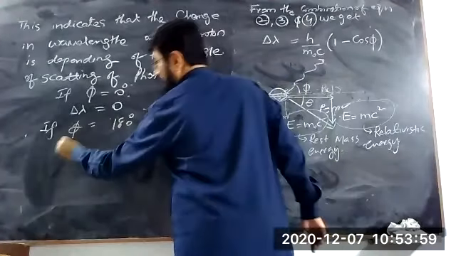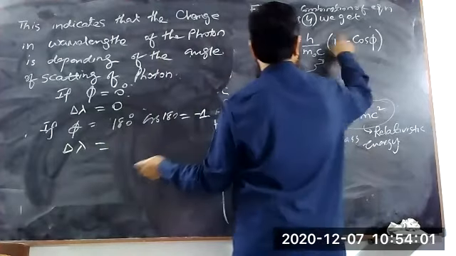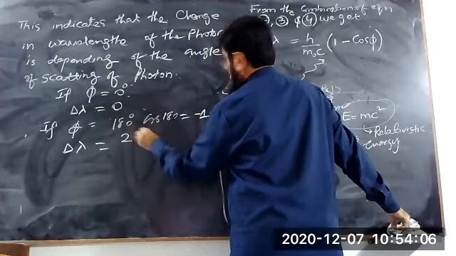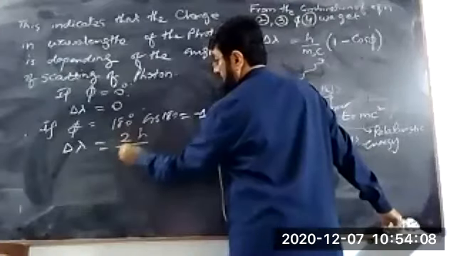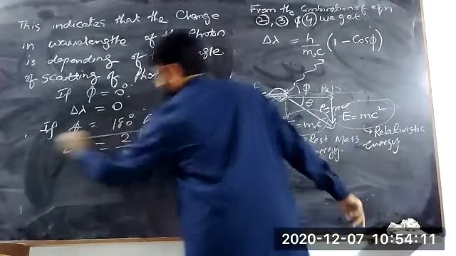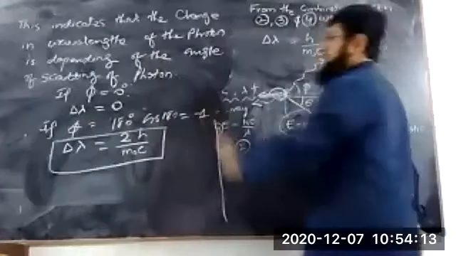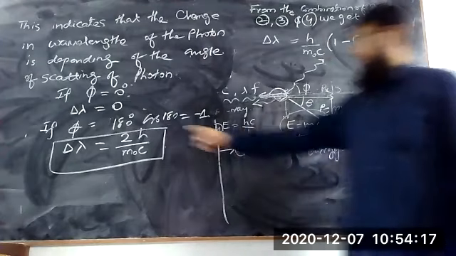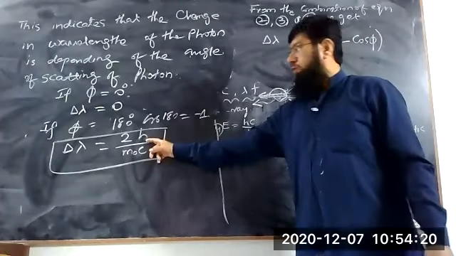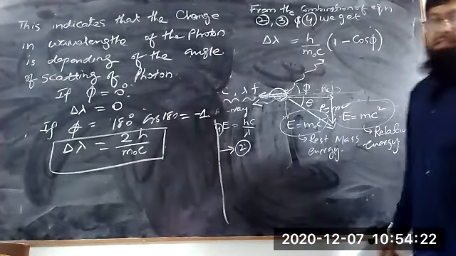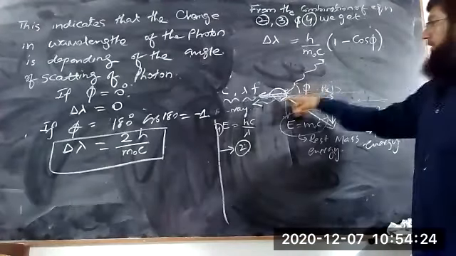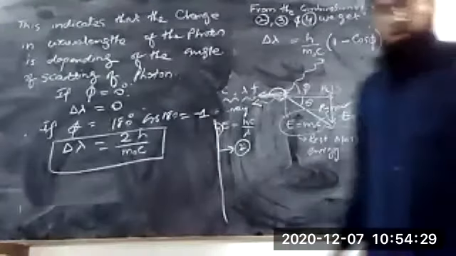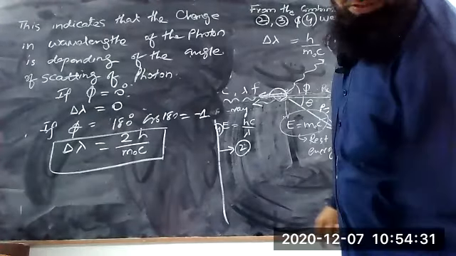As a result, delta lambda is equal to 2h upon m naught c. So the energy transformation is maximum when the angle of scattering is 180 degrees. Now in your book, in your course, there are different angles of scattering.